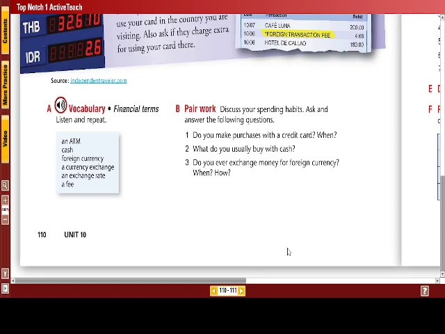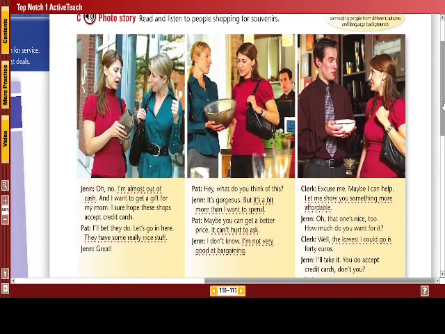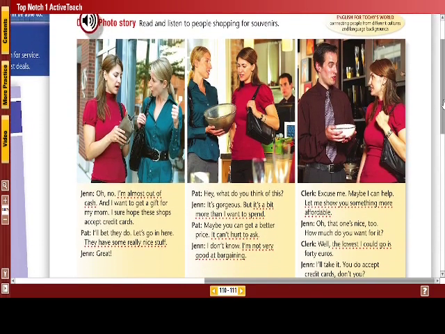When? What do you usually buy with cash? Do you ever exchange money for foreign currency? When? How? So the topic here is going to be how to exchange currency, bargain for better prices, and maybe discuss some shopping experiences. So let's listen to the photo story.